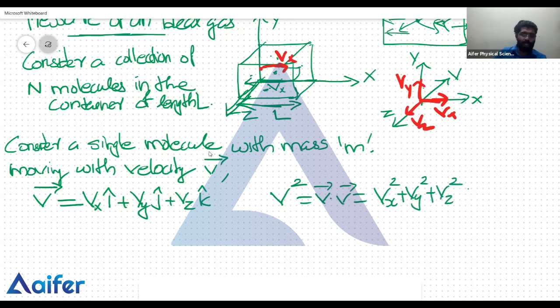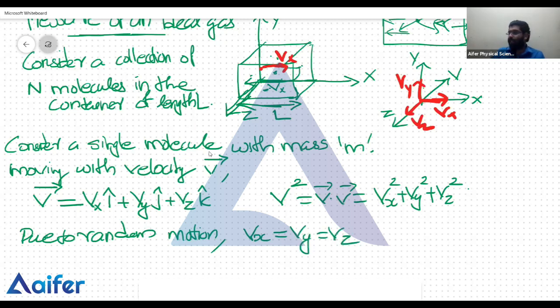We know that all the molecules are in random motion, which means that the probability that a given molecule will move along the x direction will be equal to the probability that the molecule will move along the y axis and the same probability that it will move along the z axis. Which means due to random motion, we can say that the components of velocity Vx, Vy and Vz are equal.